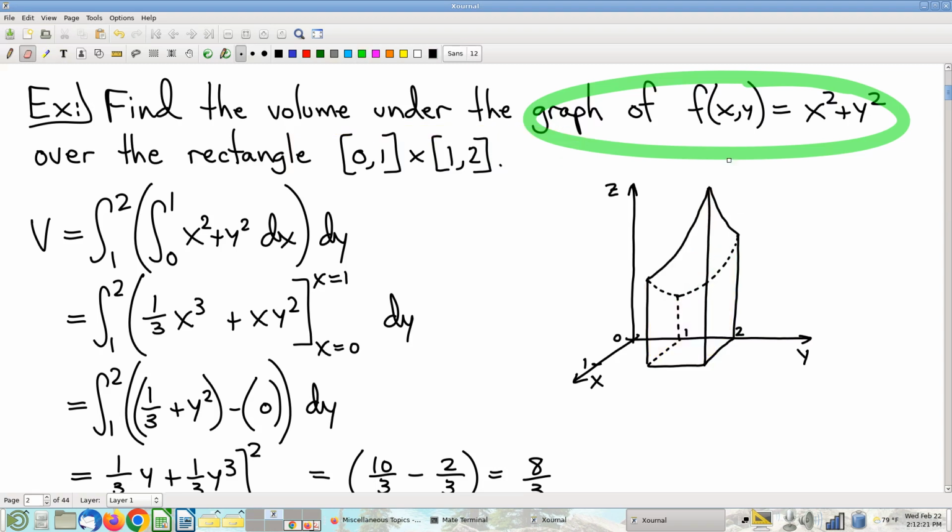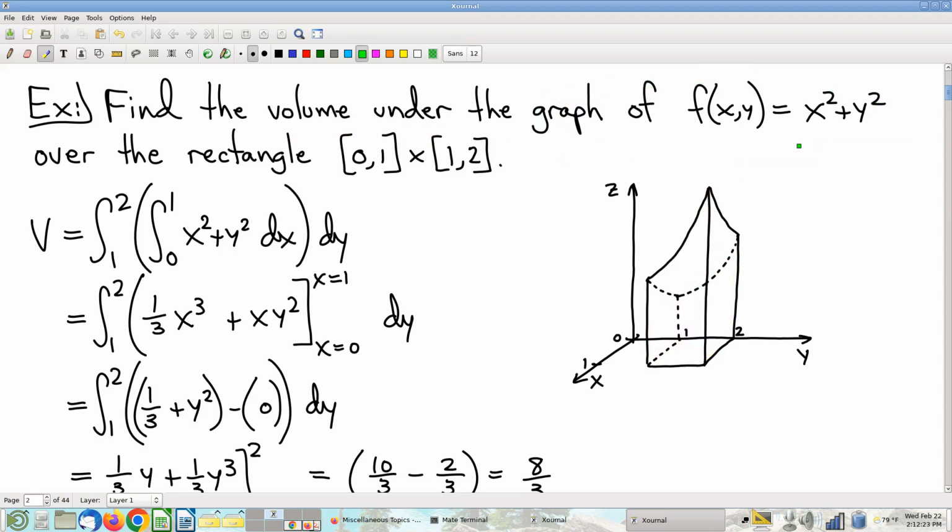Before I get into the computation, a little notation. This looks kind of like a cross product. It's not. This is just a different use for the times symbol. This is a reference to a rectangle as follows. Whatever the interval is on the left tells you the range of values for the first variable x.